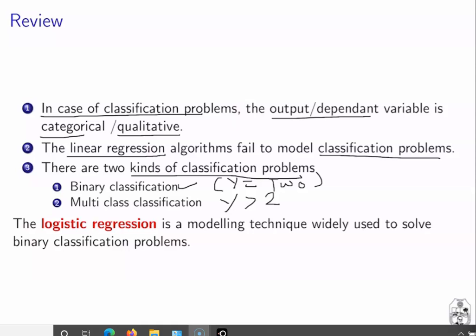The first classification technique that we are going to discuss is called logistic regression, and it is widely used for binary classification problems, in which the output or dependent variable has only two values.